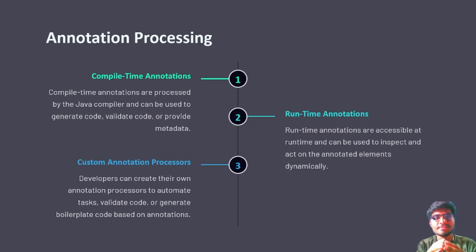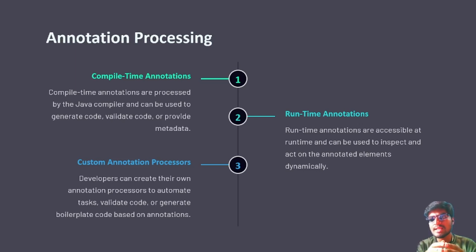Annotation processing: compile-time annotations, runtime annotations, and custom annotation processors. Compile-time annotations are processed by the Java compiler and can be used to generate code, validate code or provide metadata.